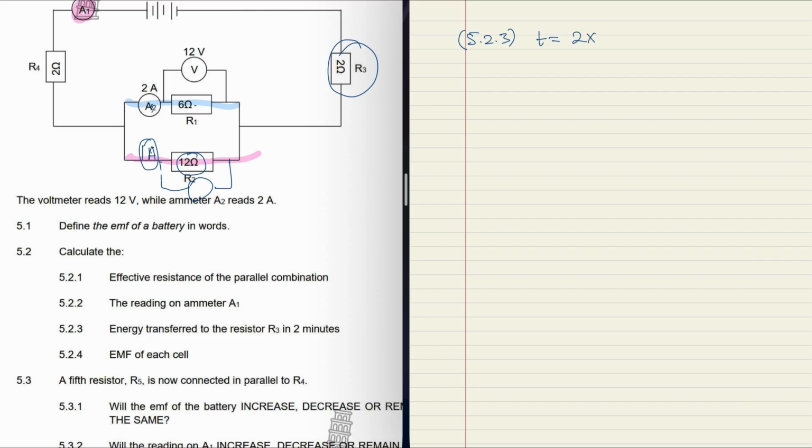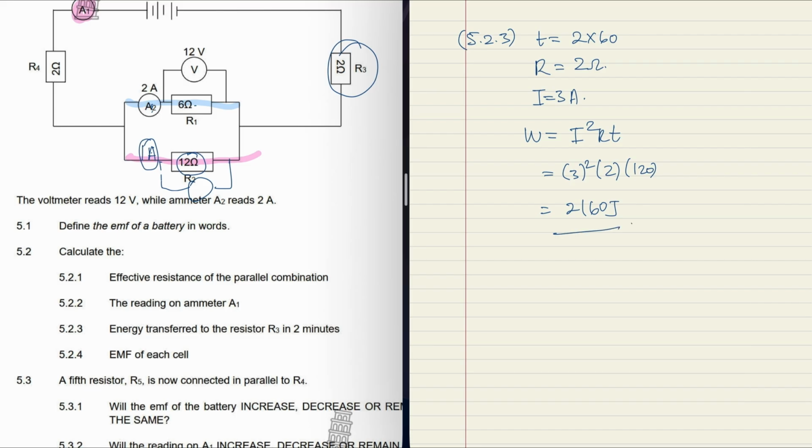It's going to be 2 times 60, it must be in seconds. I know the resistance, and that's 2 ohms. I know the current going through it, which is 3 amperes. So I can use the formula W is equal to I squared RT. So 3 squared times 2 times 120.